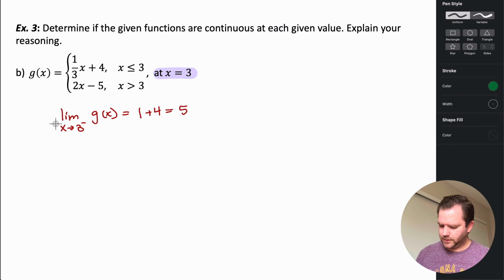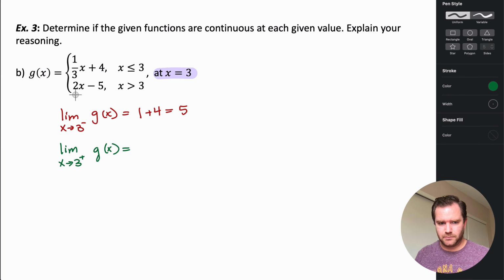And then look at the limit from the right. The limit as x approaches 3 from the right of g of x. Values greater than 3, we're using this part. So 2 times 3 minus 5. 6 minus 5 is 1. So these two pieces are not equal, right?